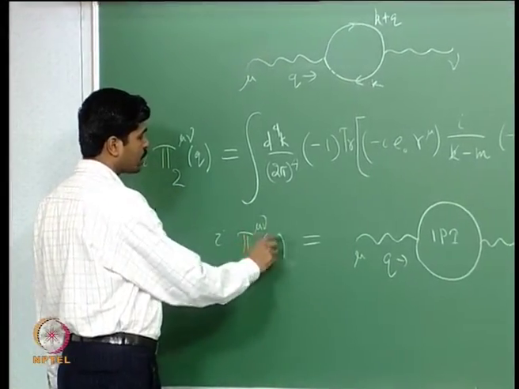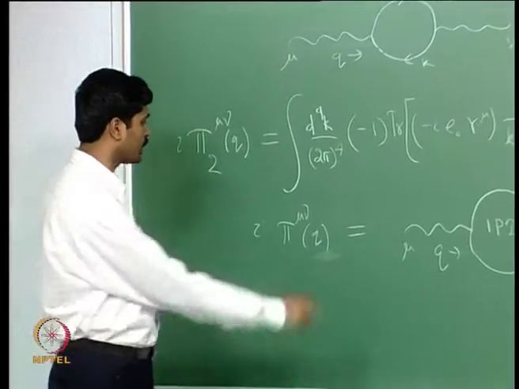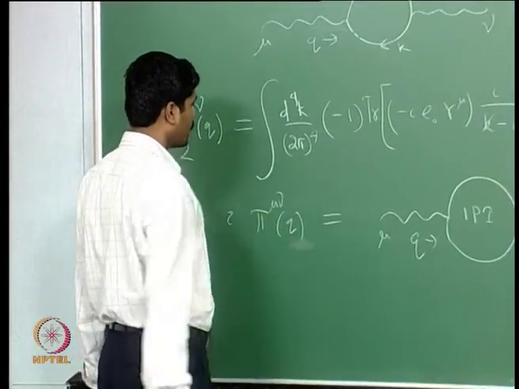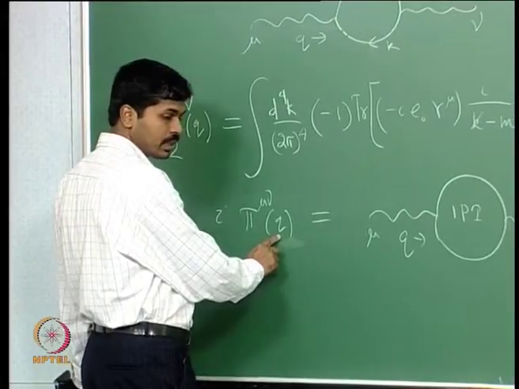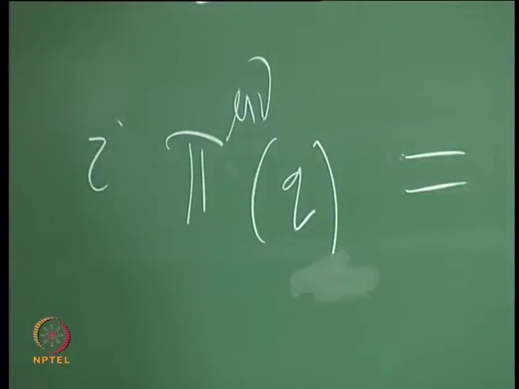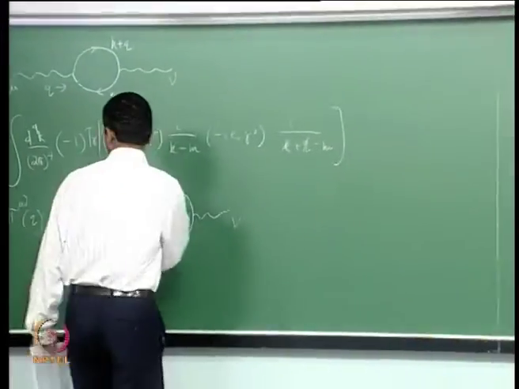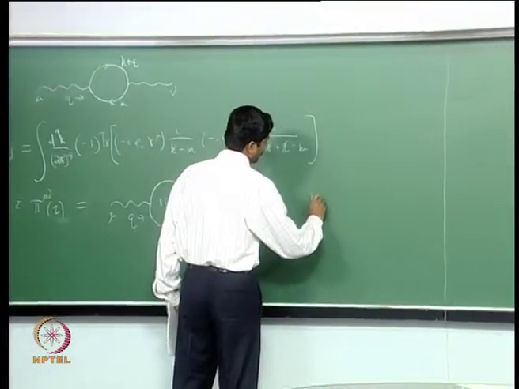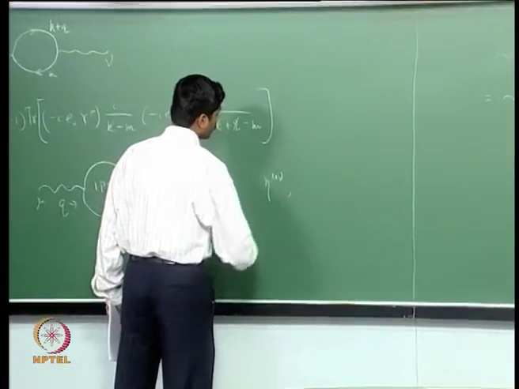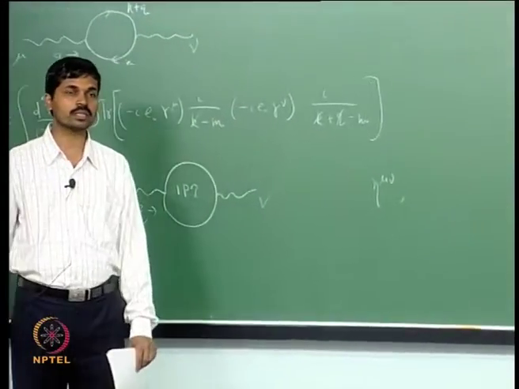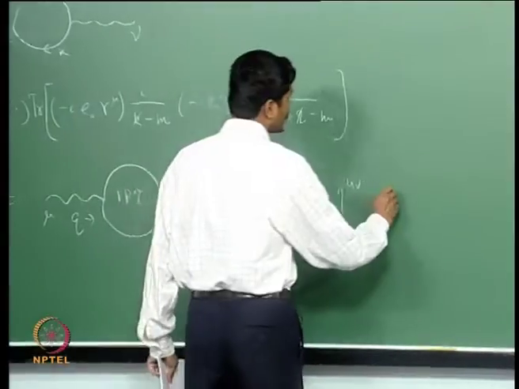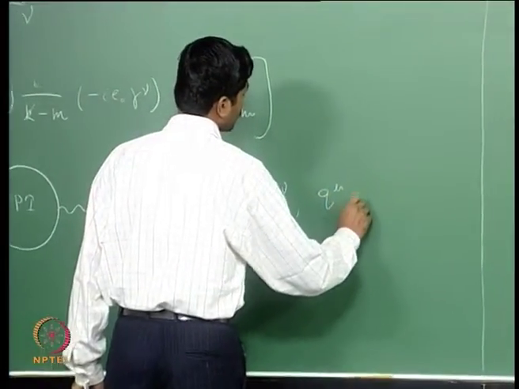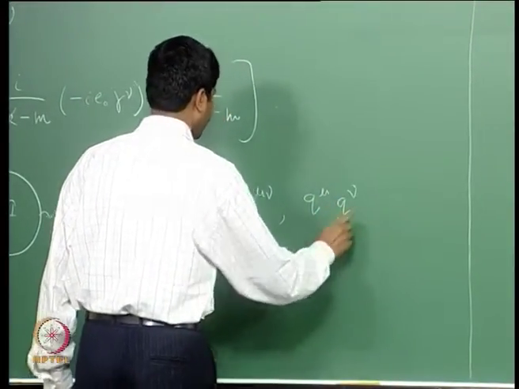First of all, you know that this is a symmetric function, and also it can only be a function of q. So, the only things it can contain are eta mu nu, which is a symmetric second rank tensor, and in addition you can have q mu times q nu.